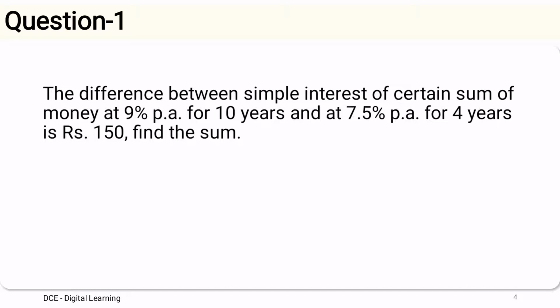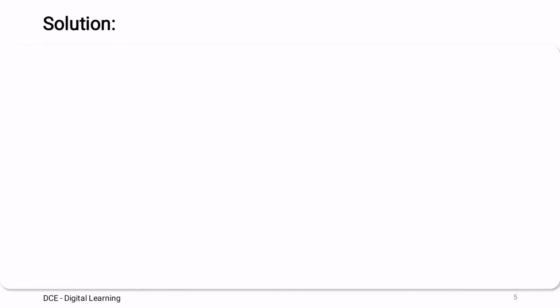So here they have given two cases. In case 1 the rate of simple interest is 9% and period is 10 years, and in the second case the rate of interest is 7.5% and period is 4 years, and the difference between the simple interest in case 1 and case 2 is rupees 150. So I have to find sum, principal amount.